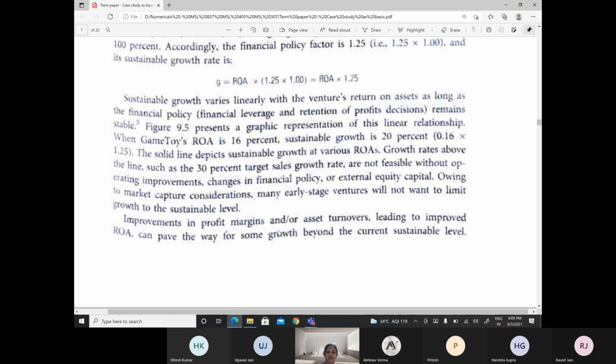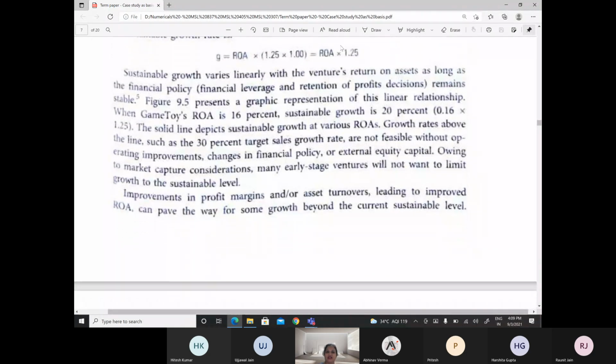So this shows that sustainable growth varies linearly with the venture's return on assets as long as the financial policy, that is financial leverage and retention of profit decision, remains stable.